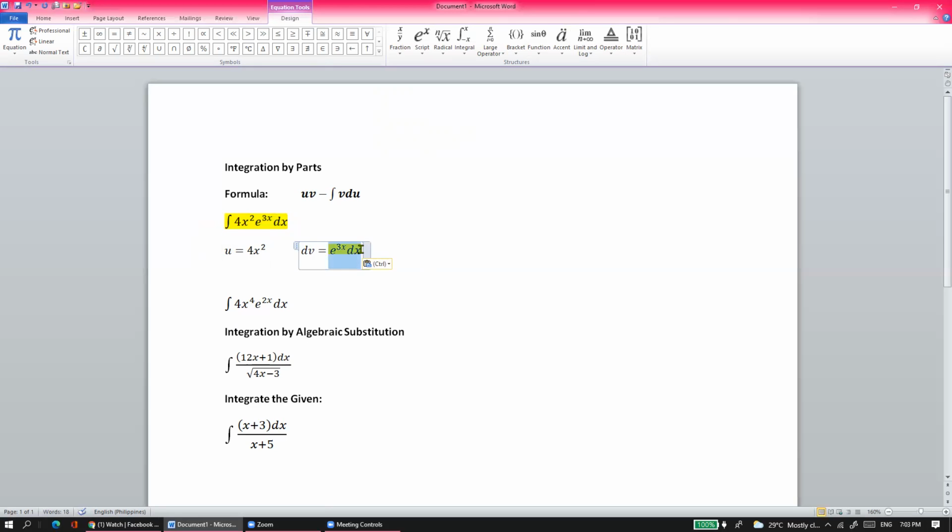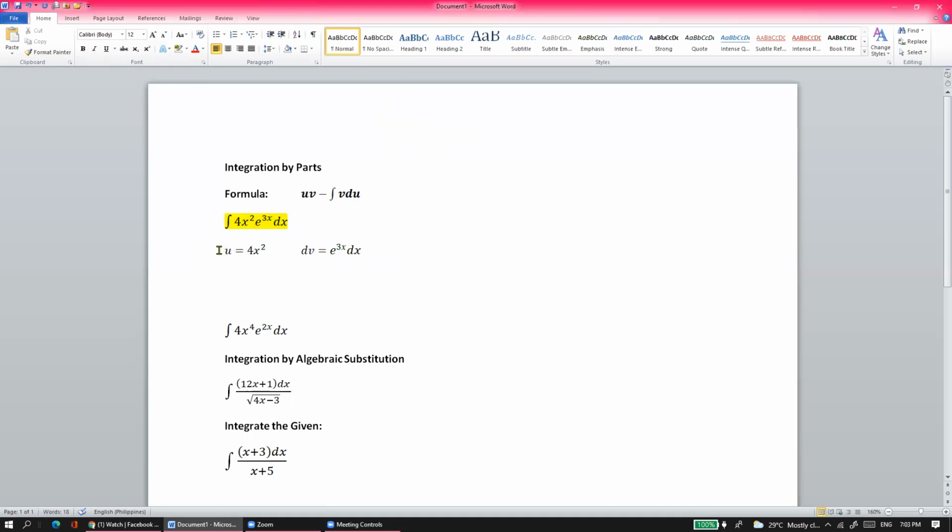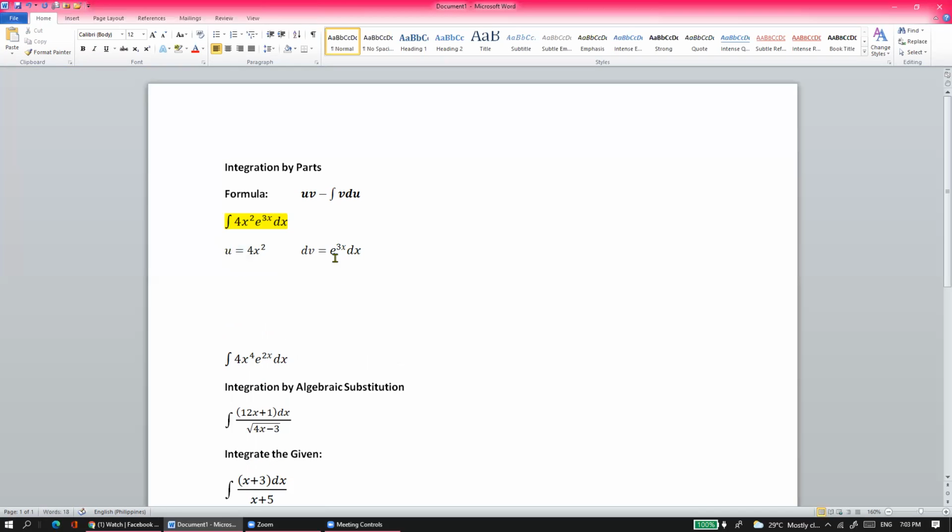Then what will be the next procedure right after na makapili na tayo ng u at ng dv? So doon sa napili nating u, which is actually equal to 4x squared, we need to take its derivative. Ang derivative ng u is du at ang derivative naman ng 4x squared is actually 8x dx.